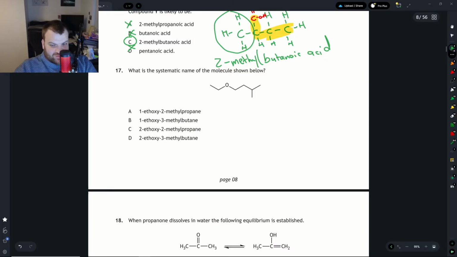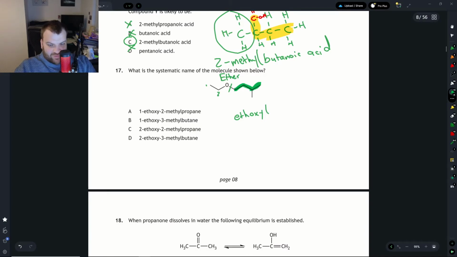Next one here, we should be able to recognise this is an ether. We're looking for the part with the oxygen. We have 2 carbons on the side with the O. That's going to then be ethoxy. When we look at our longest chain on the other part, we have 1, 2, 3, 4 carbons.